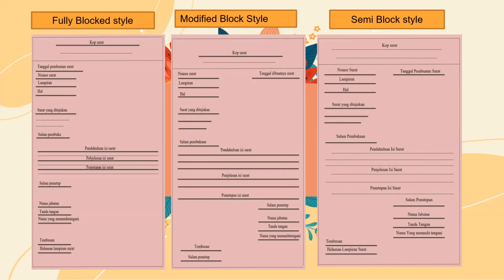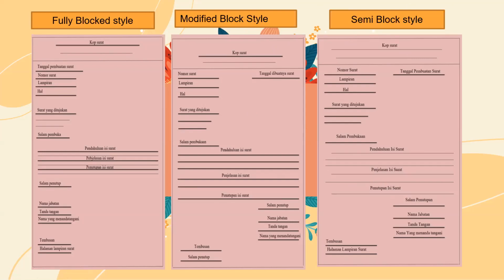So you tap once anytime you start your paragraph. So it is clear enough on how to differentiate those three common business letter layouts: fully block style, modified block style, and semi-block style.